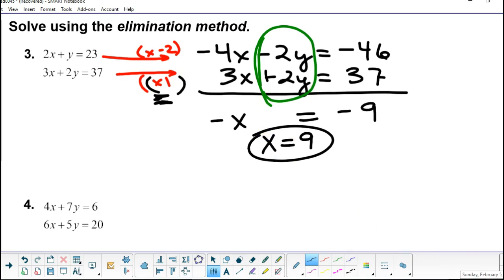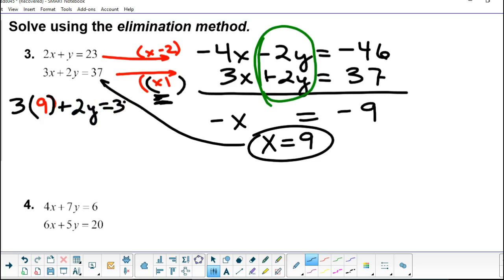So we take that information and we're going to go right back to one of the equations from the beginning. Say we take it back to that second equation right there, since it's pretty close. And we've got 3 times x, except in place of x, we're going to put 9 in there. 3 times 9, and we multiply that, of course, and then we have plus 2y equals 37.